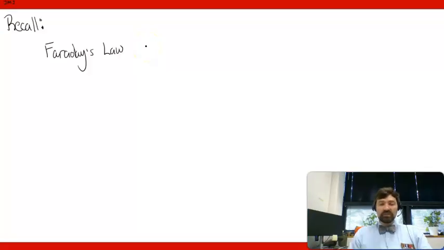Let's begin by recalling what Faraday's law says. Faraday's law basically says that the induced EMF for anything really, a closed circuit, if you will, is given by the rate of change of the flux of the magnetic field through that circuit.